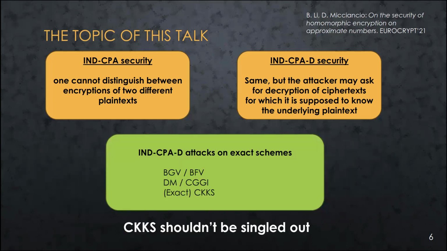Here in this talk, what I'm going to give is more IND-CPA-D attacks, and in particular, IND-CPA-D attacks on schemes that work on exact data, including BGV, BFV, DM/CGGI, and CKKS, including the exact version of CKKS. So as a whole, when it comes to IND-CPA-D security, I think the takeaway message is that it matters for all schemes, and CKKS shouldn't be singled out.